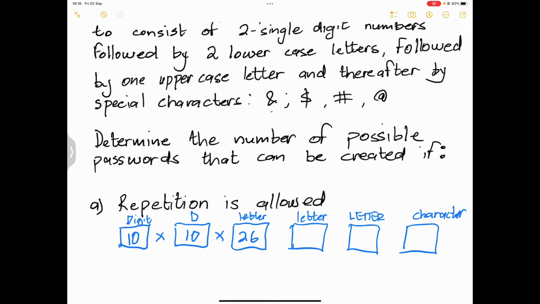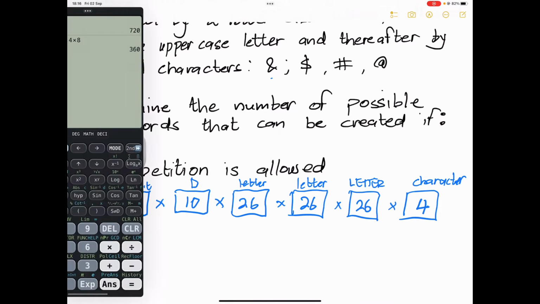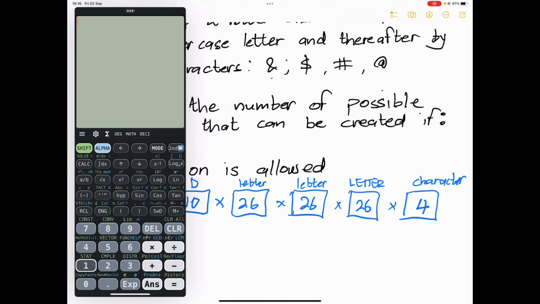Repetition is allowed, so you can say 26 again, and then 26 for the capital letter, and then special characters, we've got 4 of them. So that's 10 times 10 times 26 times 26 times 26 times 4.